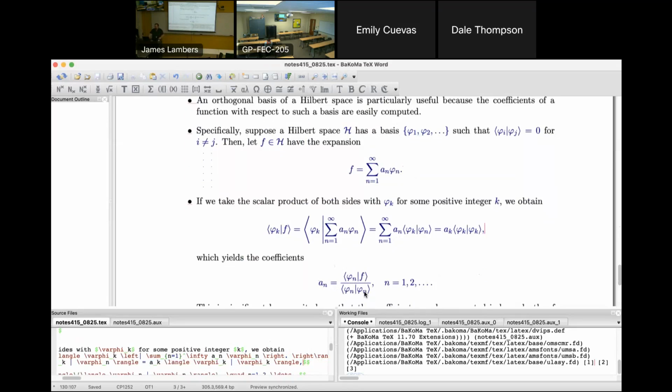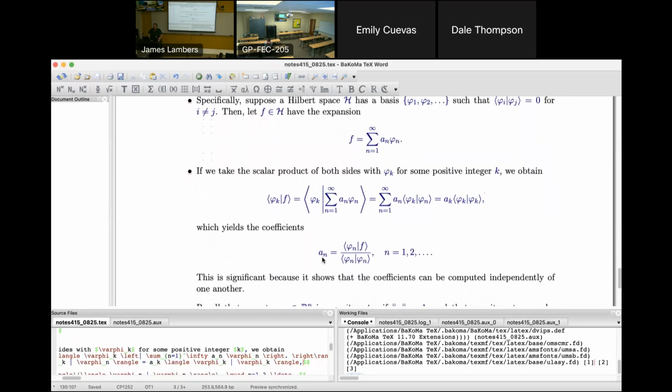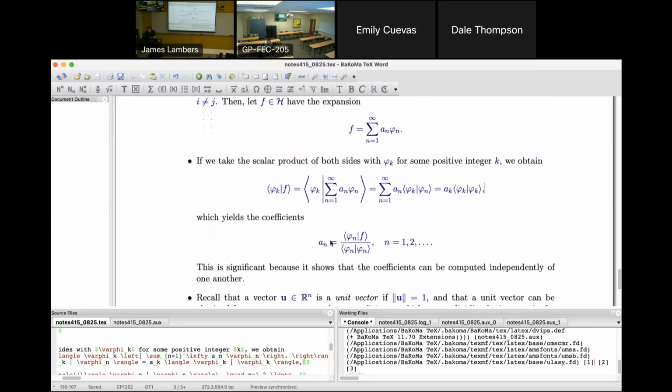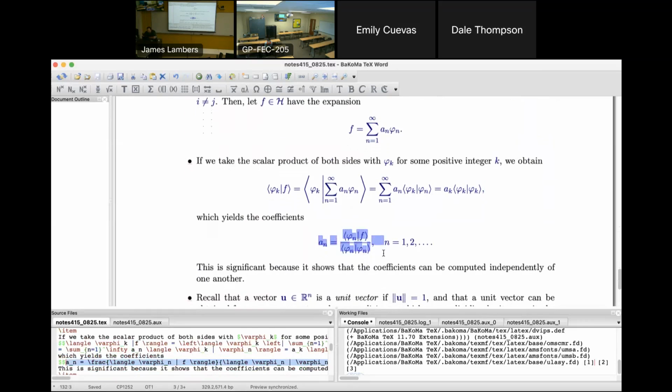The point is, you can compute each coefficient independently of the other ones. So if you have a computer doing this, you can do it in parallel, for instance. So a whole lot less work than if a basis was not orthogonal. Questions about how this formula was arrived at?